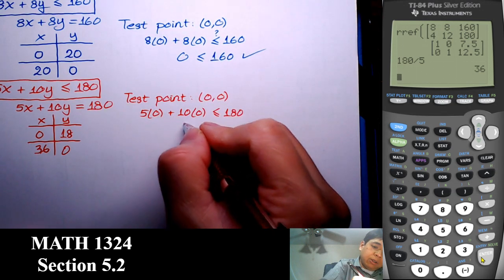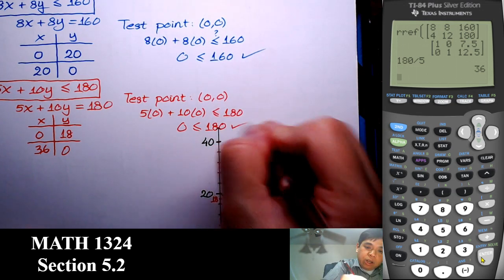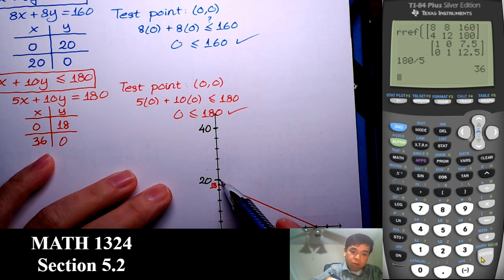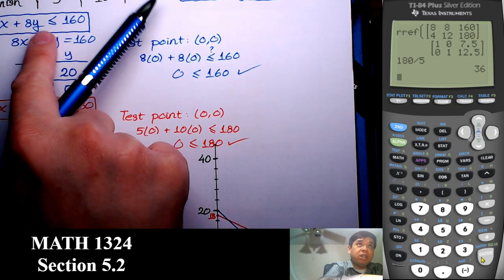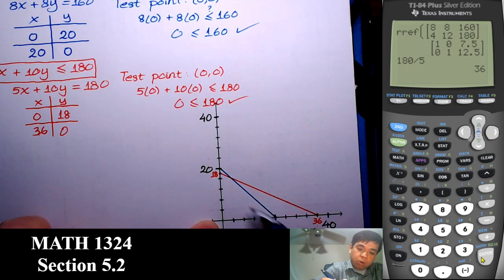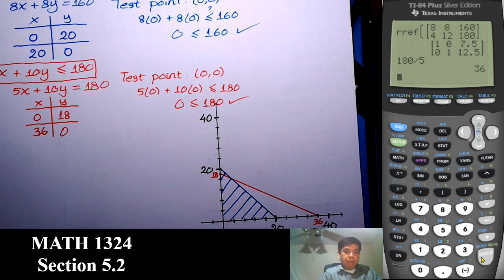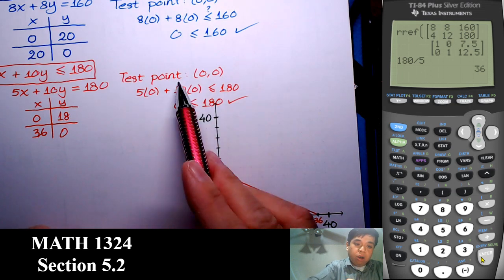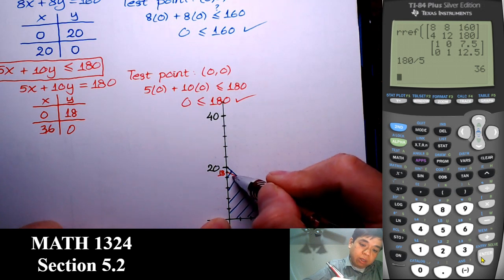That's 0, that's 0, so 0 is less than or equal to 180, and that checks. So that means 0, 0 belongs to the region with respect to this inequality. This is going to be below the blue line, and 0, 0 is also part of the solution for the other, so we shade the region below.